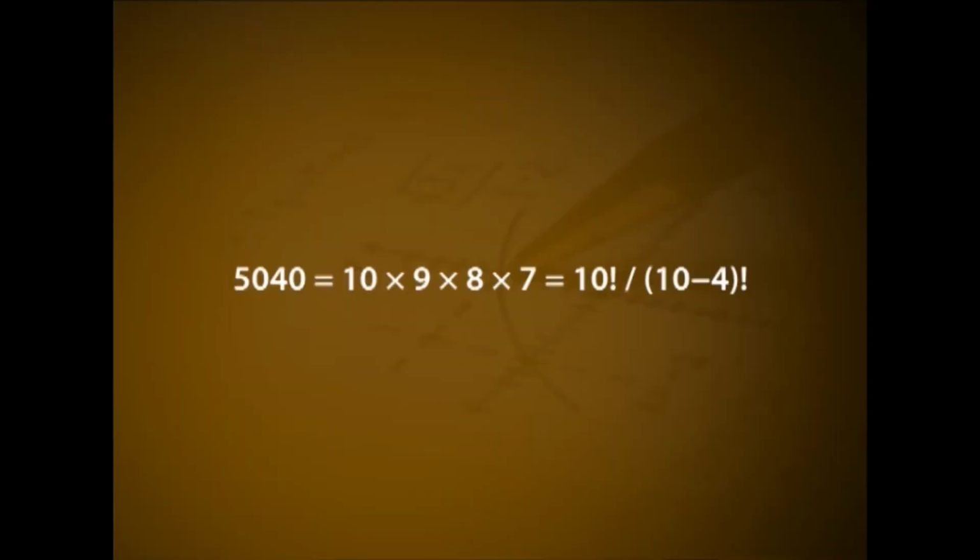Thus, by a repeated use of the first principle of counting, the number of ways of seating them will be 10 into 9 into 8 into 7 equals 5040. When we try to get this answer using the given two numbers 10 and 4, we can have it as 5040 equals 10 into 9 into 8 into 7 equals 10 factorial by 10 minus 4 factorial.